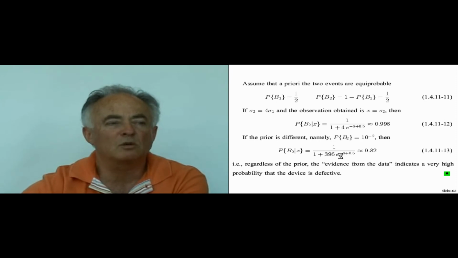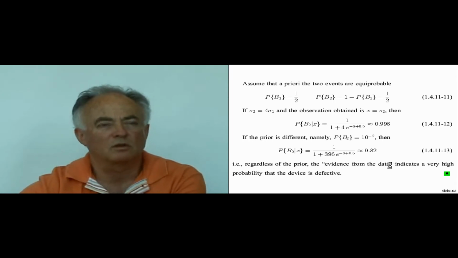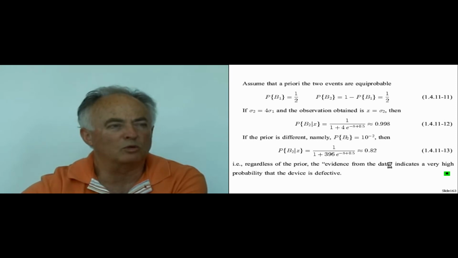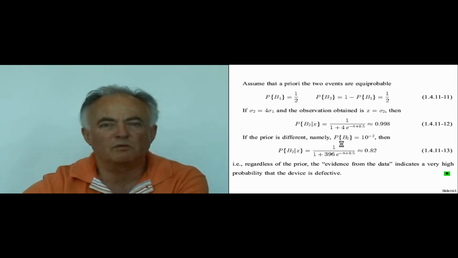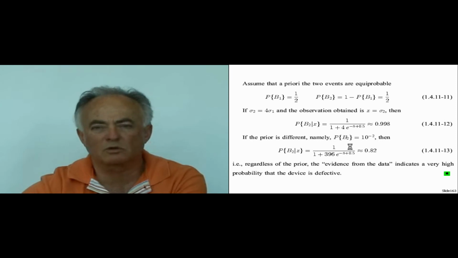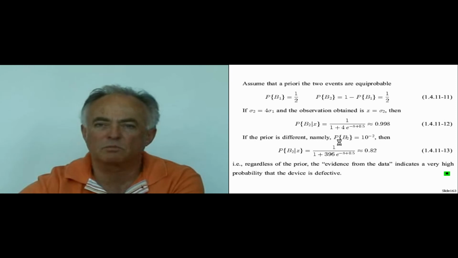It's still a high number, 0.82. So regardless of the prior, in this case, the evidence from the data, which is x equal to sigma 2, indicates a very high probability that the device is defective. What this says is one should not be afraid of making some assumptions, like a prior belief in the device being defective, versus a posterior probability based on that and the evidence from the data.